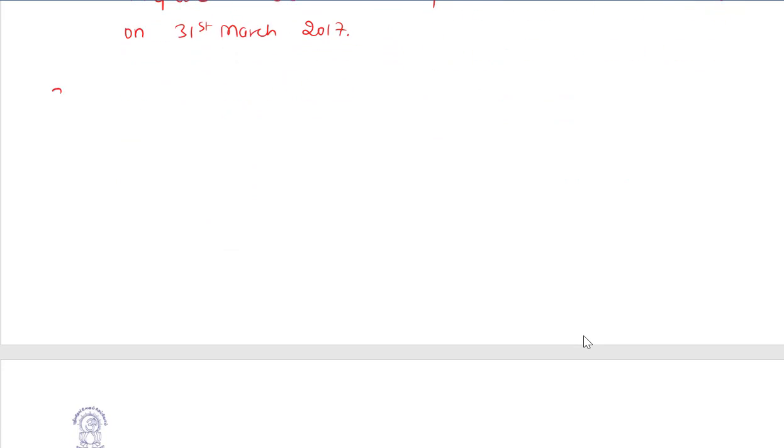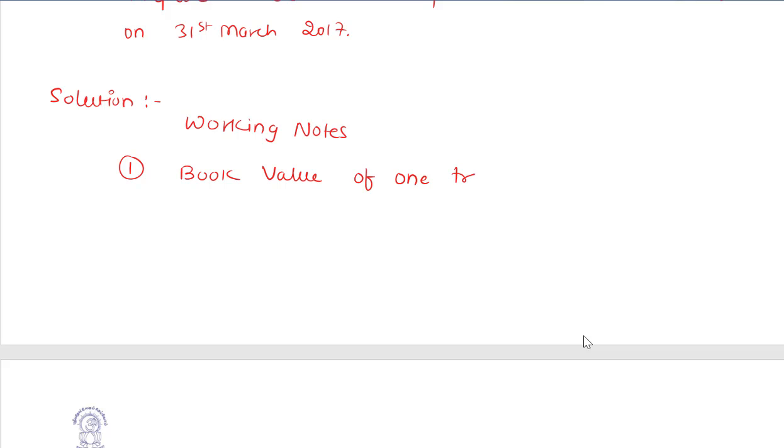Solution. Before making the truck account, we'll make a working note. First working note: book value of the one truck that is destroyed, on the date of accident.